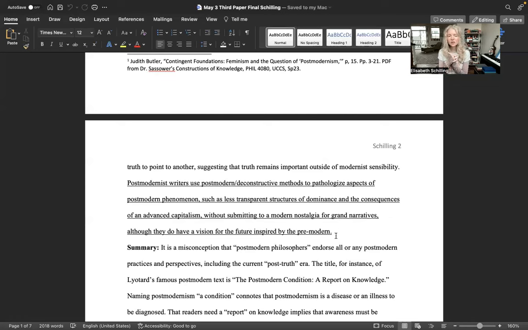So I think it's a really complicated kind of positionality, that situatedness of postmodern writers put themselves in and create for themselves.